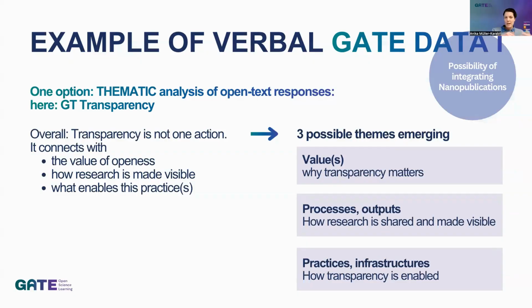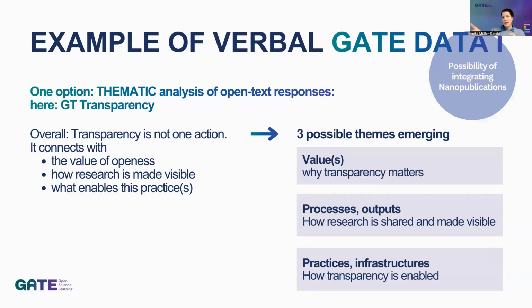What common understandings do they have? And what we see overall when we apply this method is no surprise. Transparency is not one action. It's not one understanding. That's obvious. It connects with the value of openness. It connects with how research is made visible and what enables the practice of transparency.